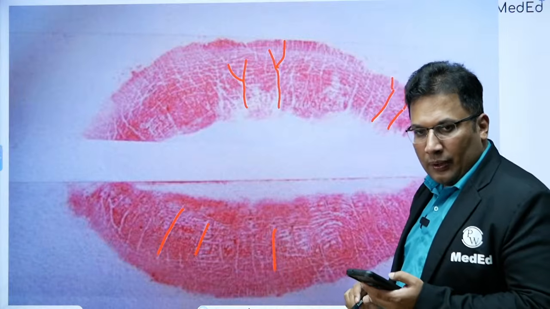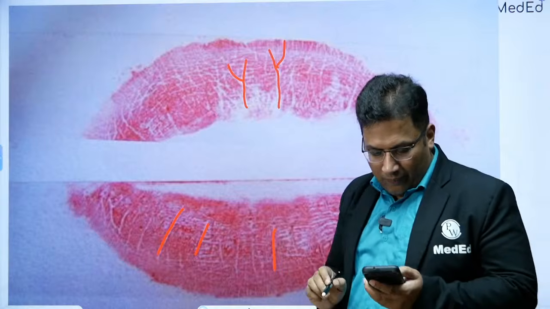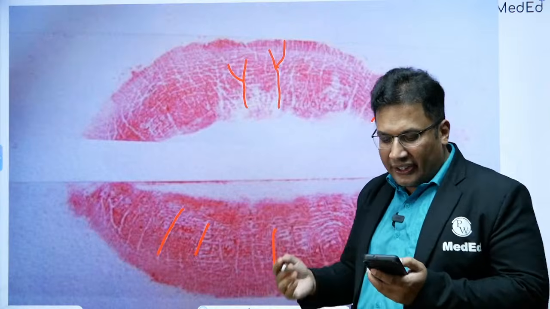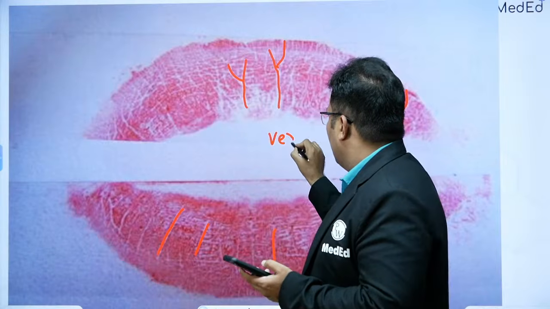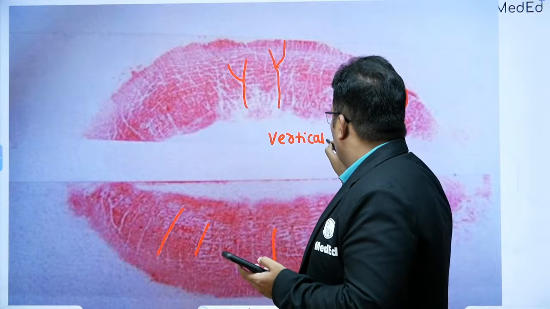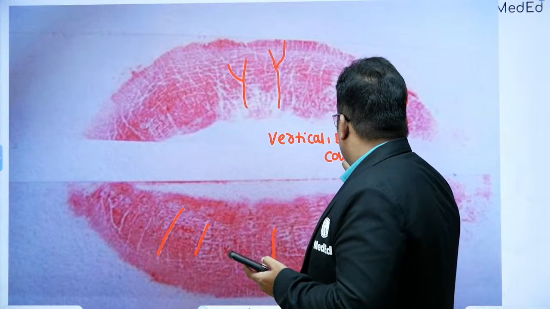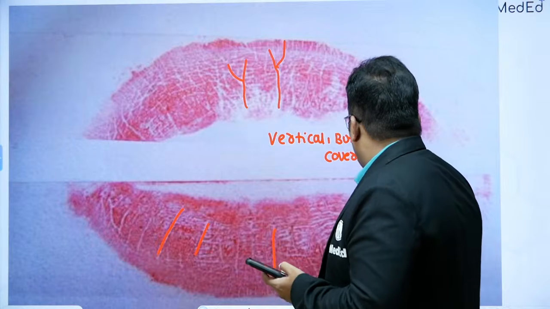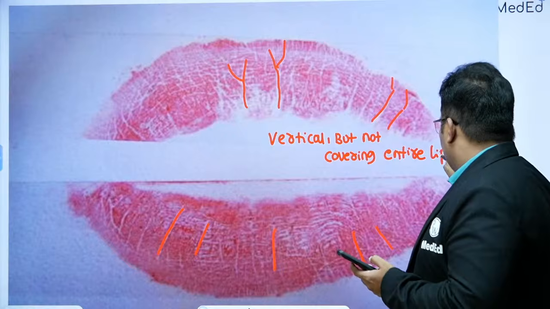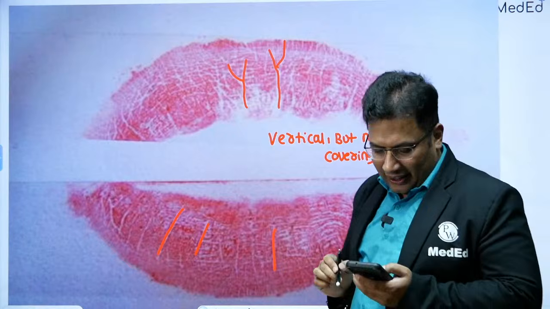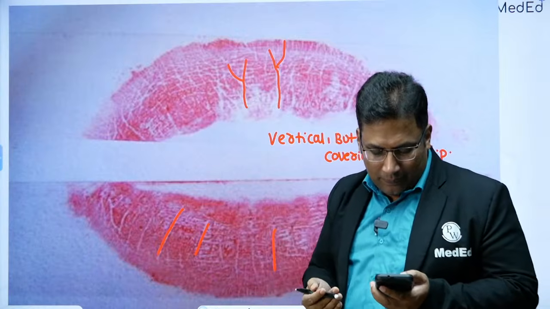I think you can make out. It's branching also, but it is vertical, but not covering the entire lip. So what is this basically? Is it type 1, type 2, 3, 4 or 5?